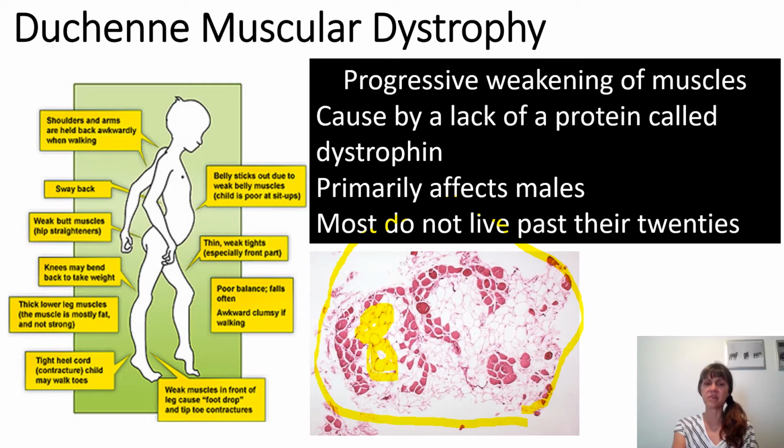Because these muscle fibers are not used, the proteins start to break down, and that's why the muscle just continues to become progressively weak. There are a lot of different presentations with a person who has Duchenne's muscular dystrophy. You can read about this. It's a very sad progressive disease.